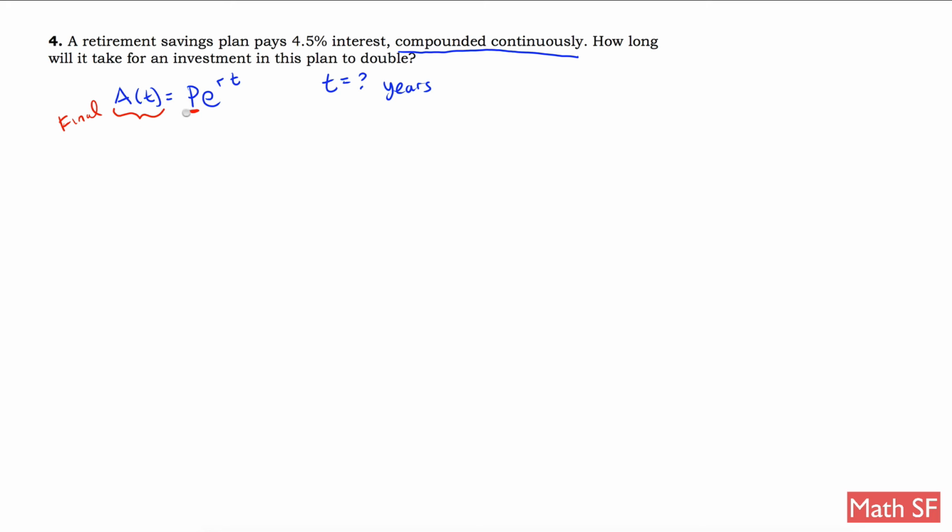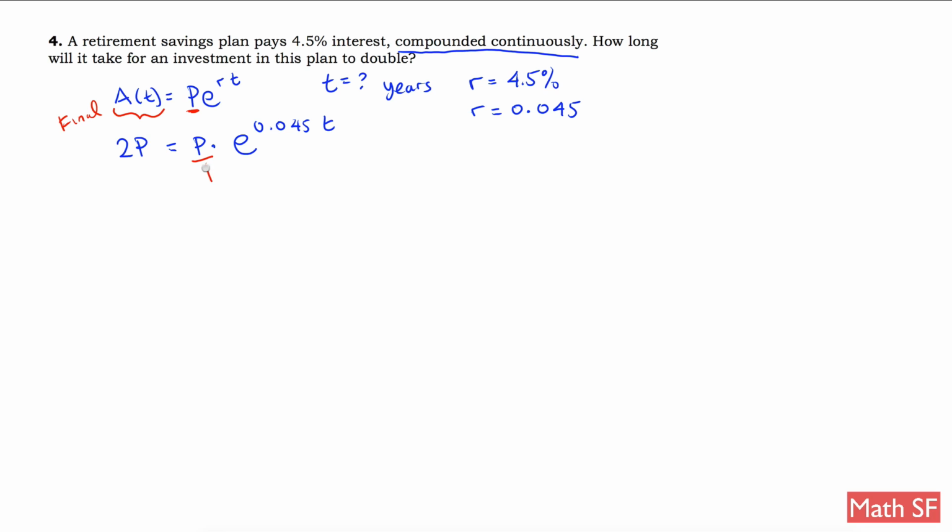The final amount has to double, so it should be 2P, twice the principal. The principal is just P times e to the r, which in this case was given as 4.5%. If you convert that to decimal, that should be 0.045. So we have 0.045t.